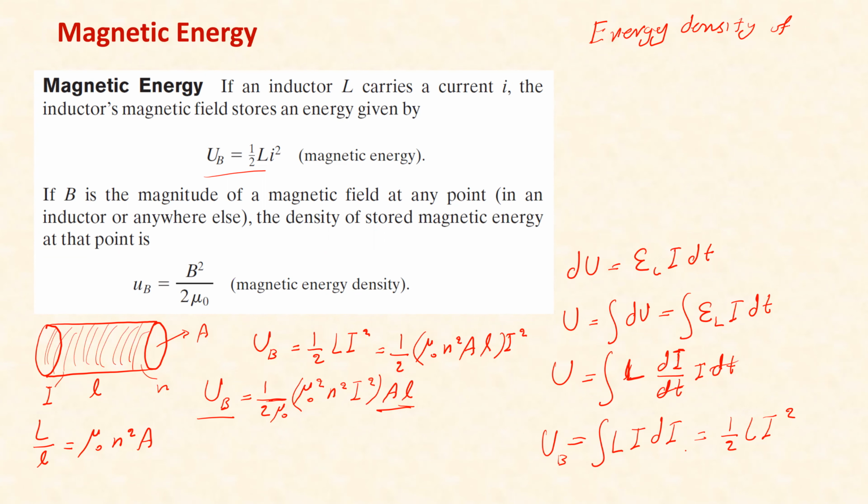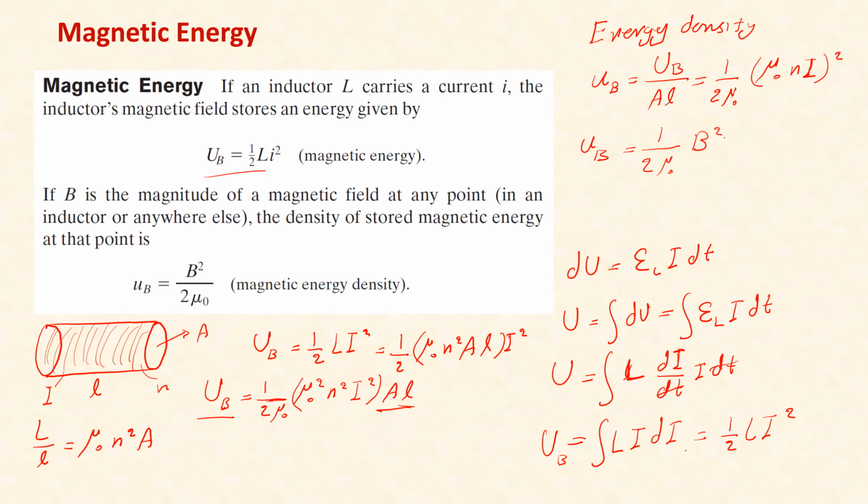That becomes 1/2 mu naught times mu naught squared, n squared, I squared. And then I can write this as mu naught n I, squared. What is mu naught n I? Remember, mu naught n I was the strength, or intensity, of the magnetic field inside. So this u B, the energy density inside, is 1/2 mu naught times B squared.